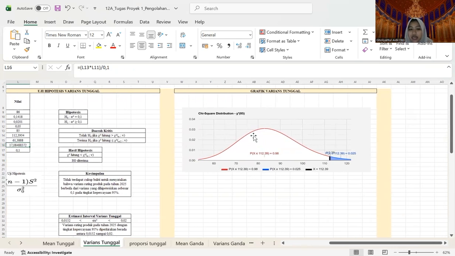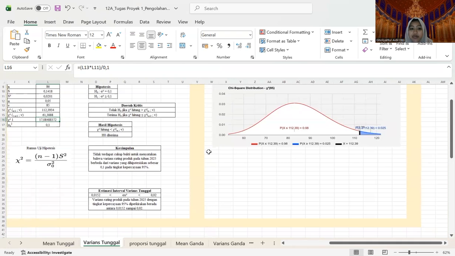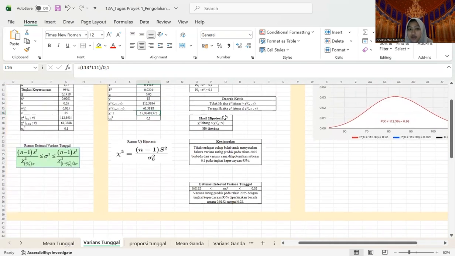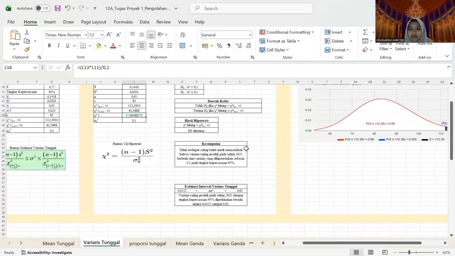Our calculated chi-square value falls far to the left of the rejection region, in the white area. This visually confirms that our decision to accept the null hypothesis is correct. And that's all from me.